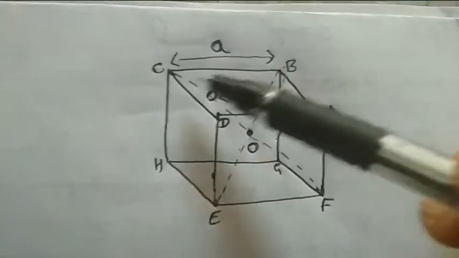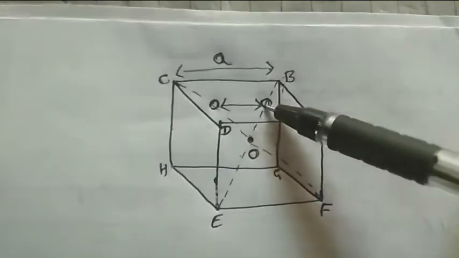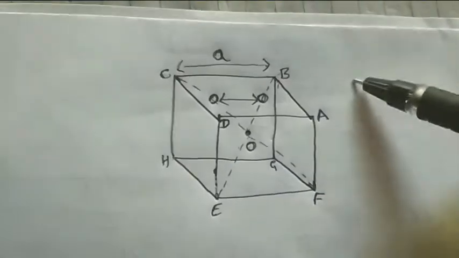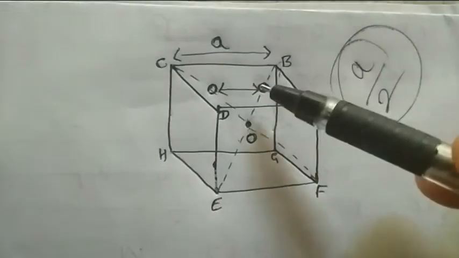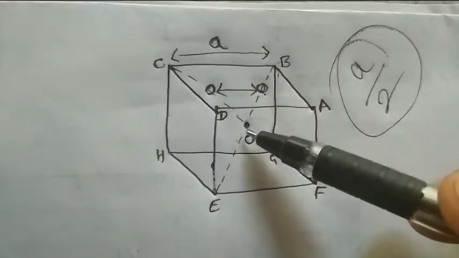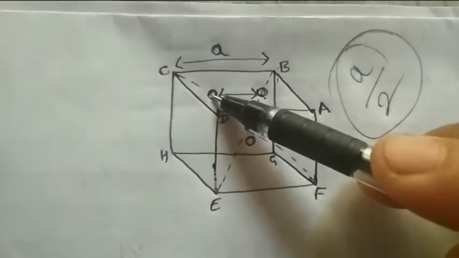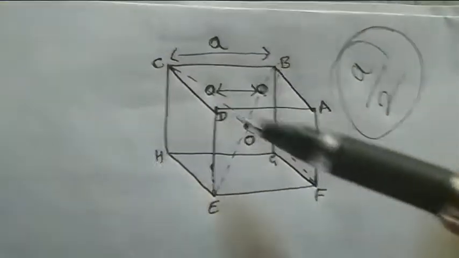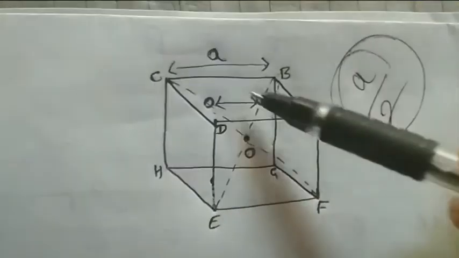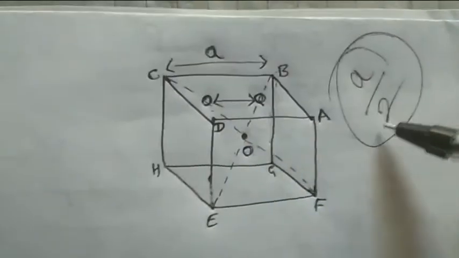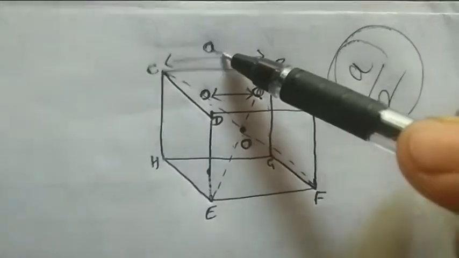The distance between this void and this void becomes a by 2, because if this void is exactly in the middle of OB and this void is also exactly in the middle of OC, the distance between these two voids is a by 2, because BC edge length is a.